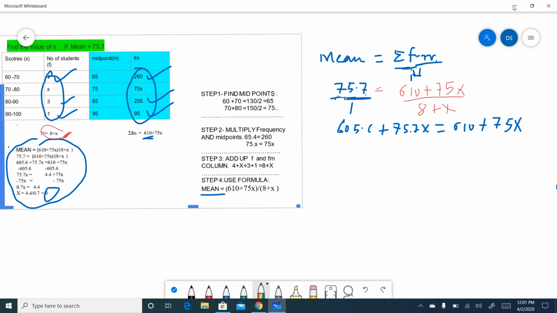I am going to cancel out this number first, so subtract 605.6 from both sides, negative 605.6 and negative 605.6.